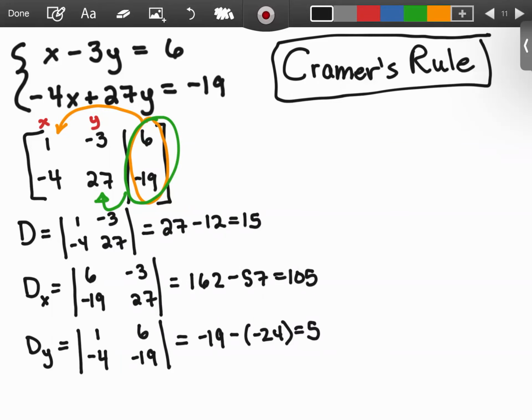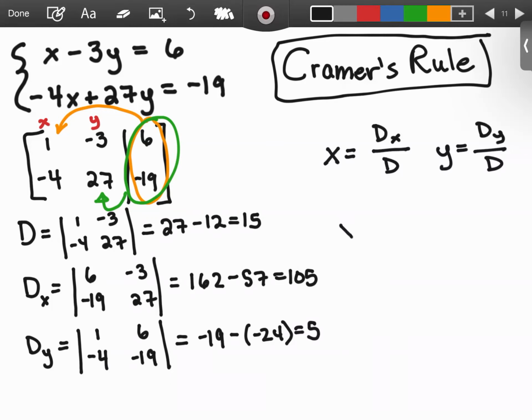All right, we're pretty close to the answer at this point. It doesn't seem like we've gotten anywhere, but here's the cool thing. Our solutions are just going to be this. x is going to be the ratio of dx over d, and y is going to be the ratio of dy over d.